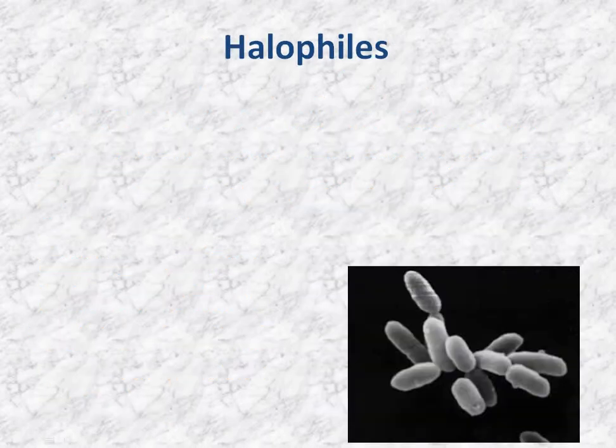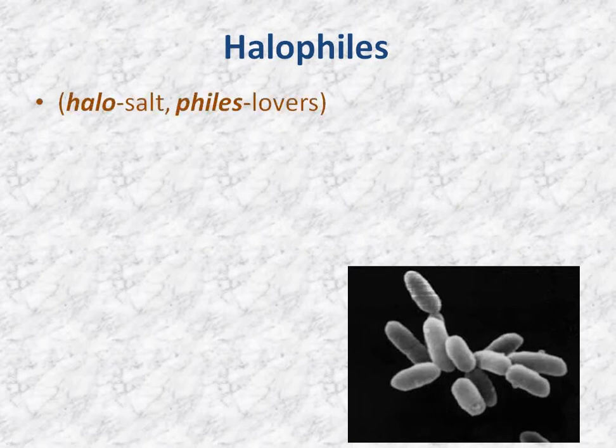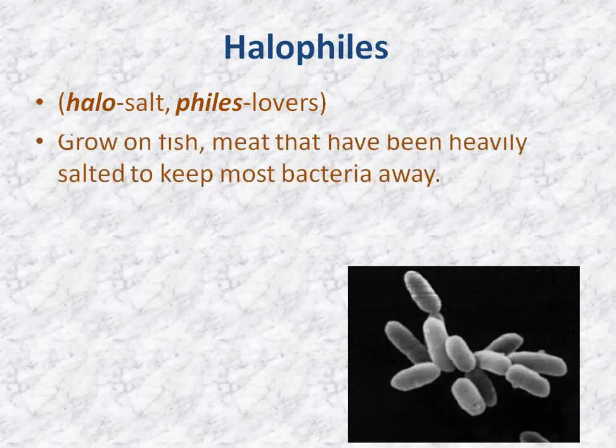Number 2 is halophiles that inhabit salty environments. Halo means salt, phile means lover, the organisms that love to live in a highly salty environment.